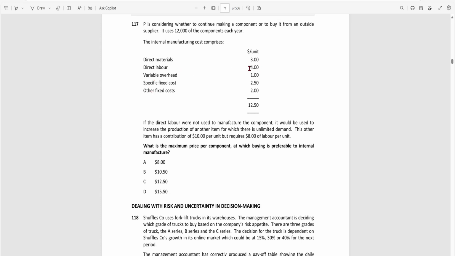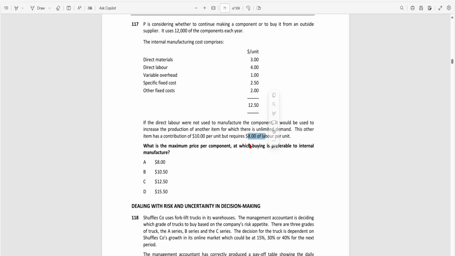But the point regarding the labor here is that if we talk about the labor cost per unit, that is 8. But there, 1 unit requires a labor cost of 4 per unit. Here we are using 8, which means we are using 2 labor hours to produce 1 unit of the component.